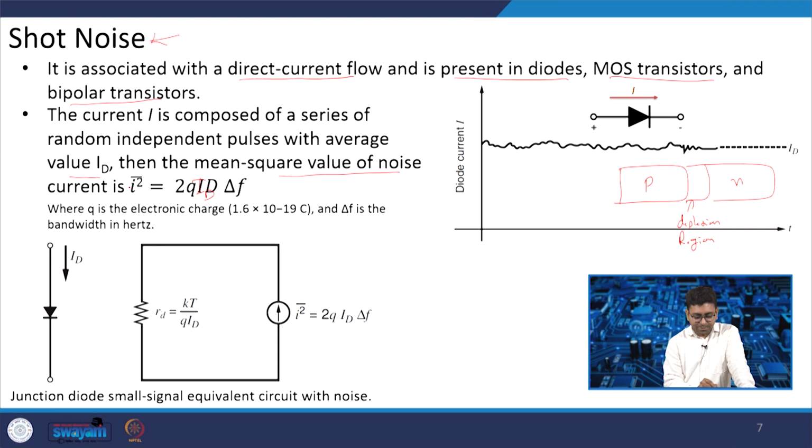If this is a junction diode and we try to make a small signal equivalent circuit, then this is a resistance rd equal to kT by qID, and this is a noise current source of 2qID delta f. So this is the noise current for shot noise.